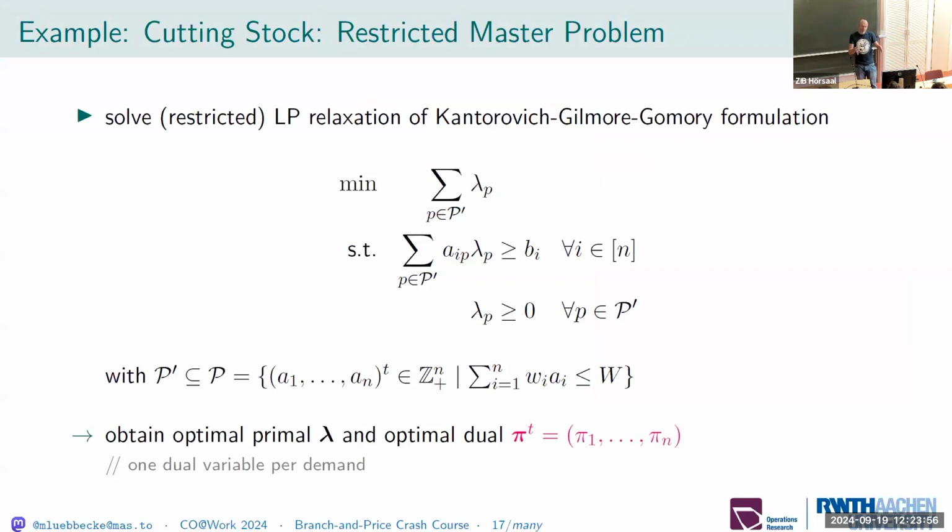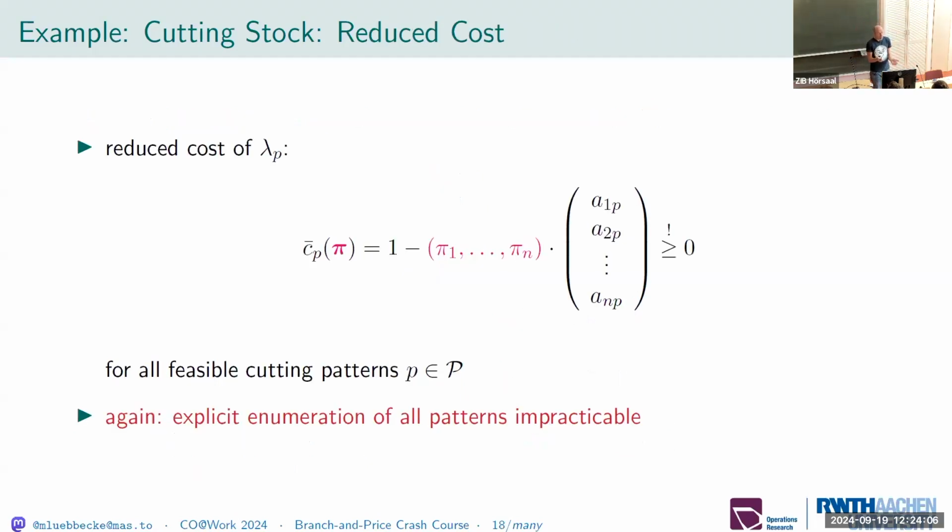I can solve this linear program, and I will get a solution and a dual solution. And with this, I can at least write down the reduced cost formula, which is the original cost, so every variable has cost 1, minus the dual variable vector times the coefficient column. All these should be non-negative for all the patterns. So I cannot explicitly enumerate, but the question?